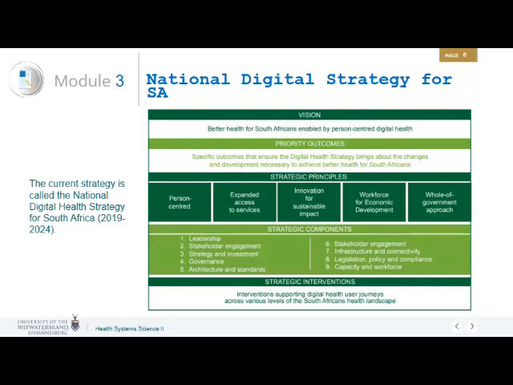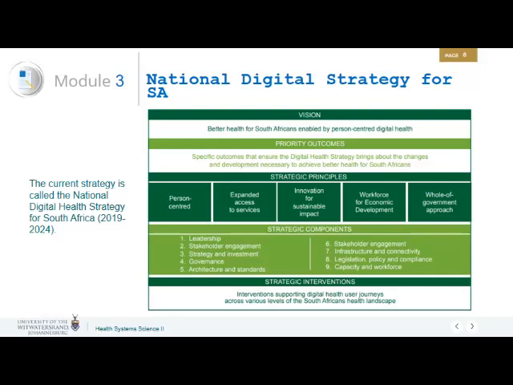So the follow-on from that strategy is our National Digital Strategy for 2019 to 2024. So we're looking into the future. And we can see that there's a very strong vision here to ensure that better health for South Africans is enabled by person-centered digital health.